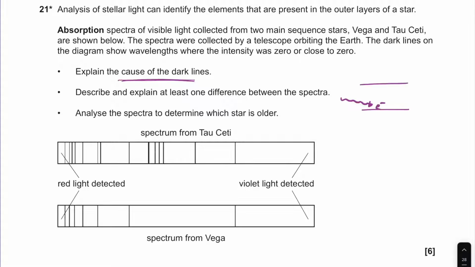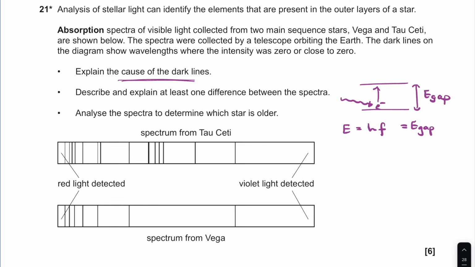Depending on how much energy it absorbs, which is equal to hf, if that energy is equal to this E gap, the energy between the two energy levels, then this electron will be able to get excited and jump up. And this missing wavelength or frequency would be registered as a dark line in a continuous spectrum.